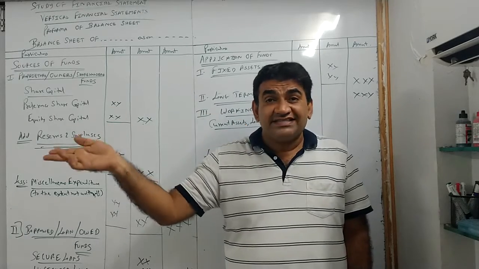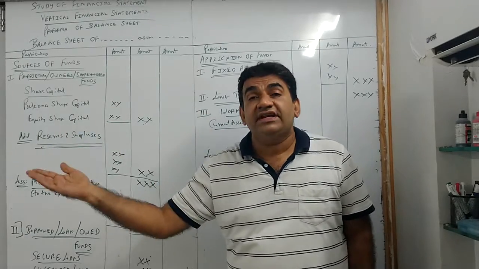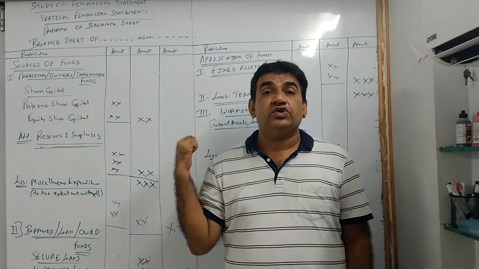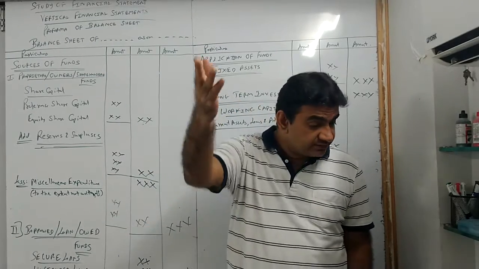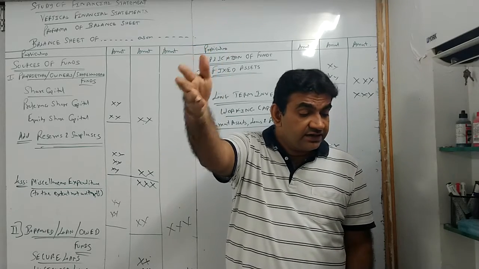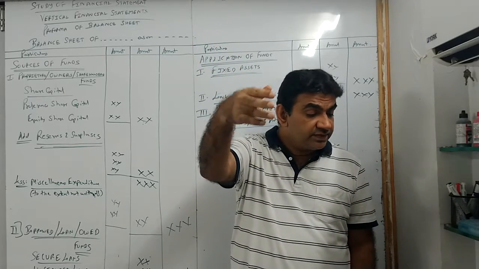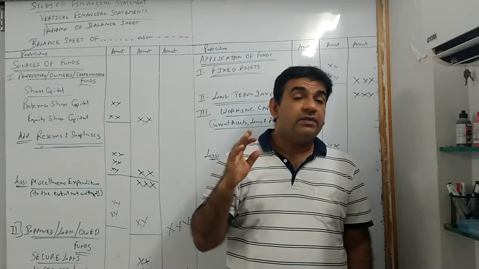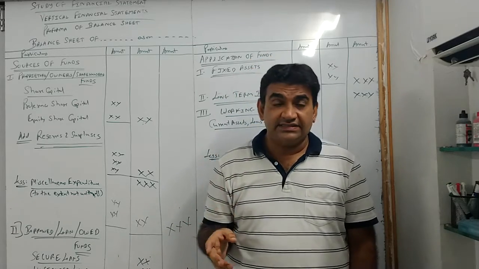When I pay in advance, it's a current asset. When I receive in advance, it's a liability. So income received in advance is also a part of current liabilities. See the items there: bank overdraft, creditors, bills payable, outstanding expense, provision for taxation, short-term loans, all these are part of current liabilities. Got it?